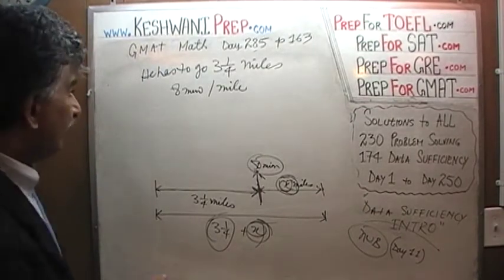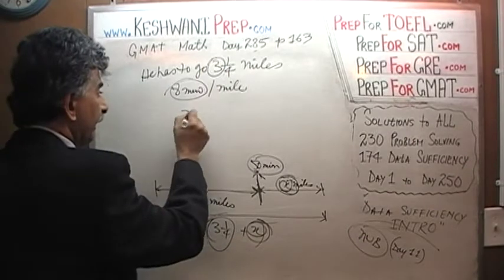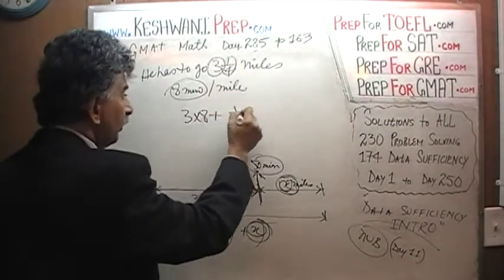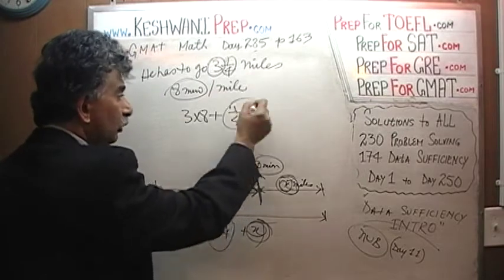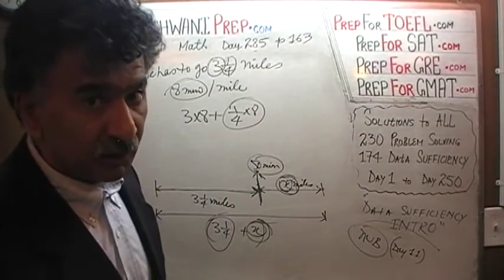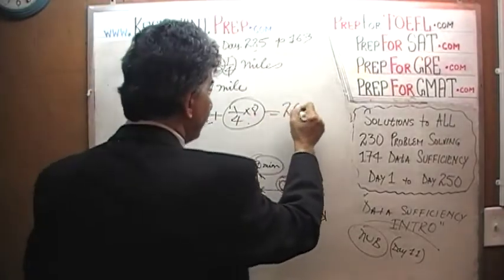If he's taking 8 minutes per mile, it should be quite obvious that the 3 miles should take 8 times 3, which is 24 minutes, and the ¼ mile will take ¼ times 8, or 2 minutes. If you're taking 8 minutes for a mile, a quarter of a mile should take 2 minutes. 2 minutes plus the 24 minutes is 26 minutes.